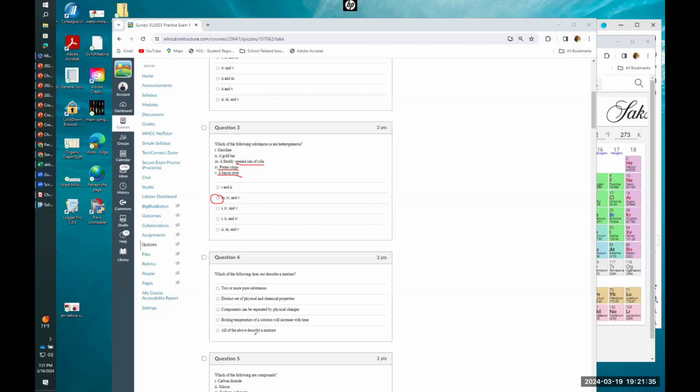Isn't it boiling temperature? So technically that is true. That does describe a mixture. I think they all, all the above describe mixtures. That's right. The correct answer is all the above describe a mixture.